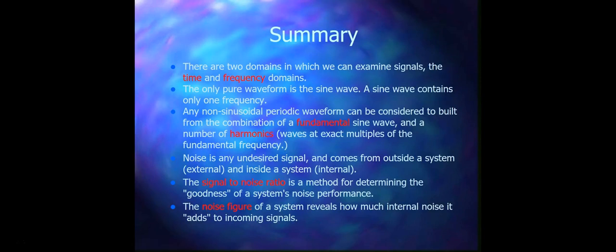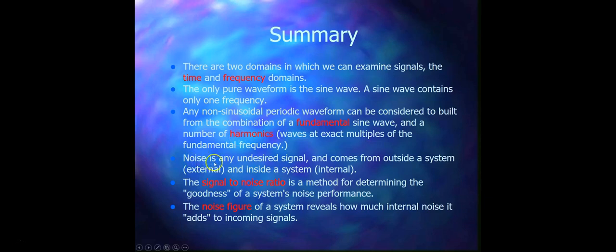I'll just quickly read this. We covered two domains in which we can examine the signal, which are the time and frequency domain. We learned about the pure waveform, which is our sine wave, and that contains only one frequency, whereas complex waveforms consist of a fundamental sine wave and a number of harmonics along with that.